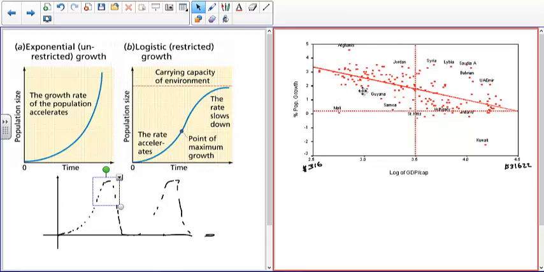So what we're seeing here is that if you have lower GDP, you have higher population growth, and at some point in the very wealthy places, they're wealthy, but their population growth is lower.